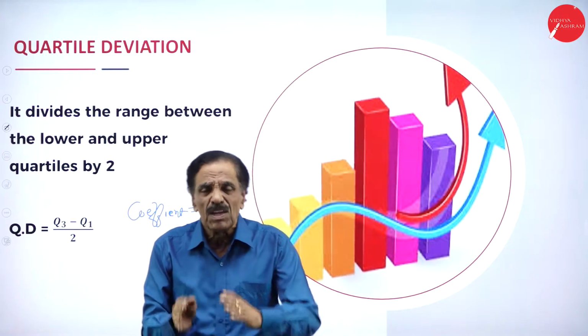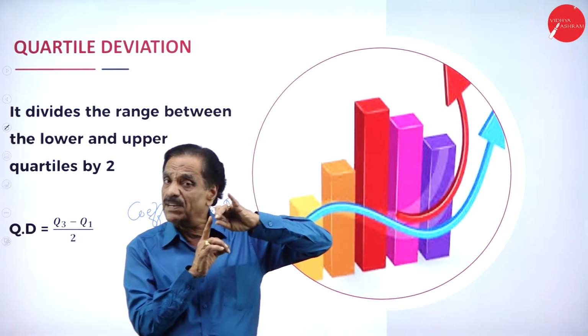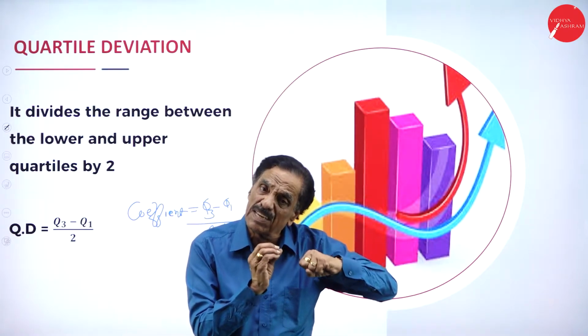We'll go slowly: first for individual numbers, then when frequencies are given, and next for continuous series.